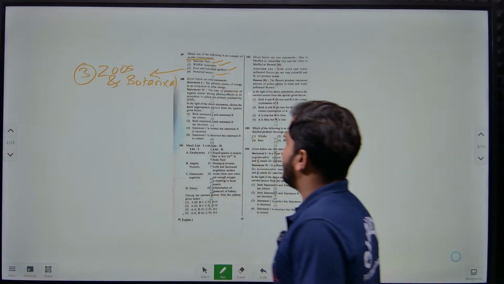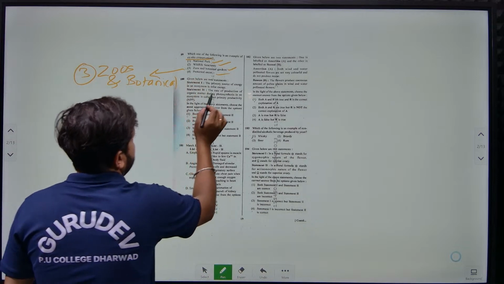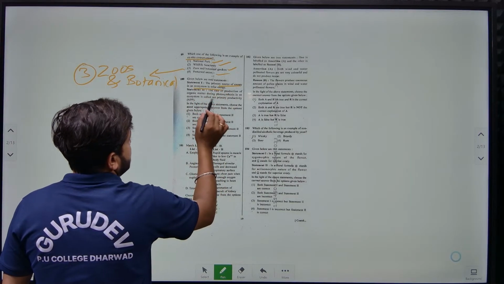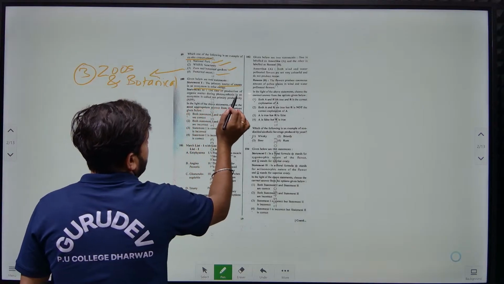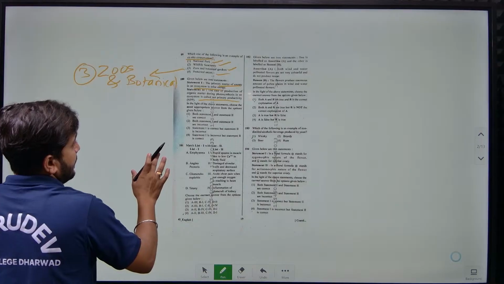Then the 100th question, right? So the given statements: statement 1, the primary source of energy in an ecosystem is solar energy. Statement 2, the rate of production of organic matter during photosynthesis in an ecosystem is called net primary productivity, right?